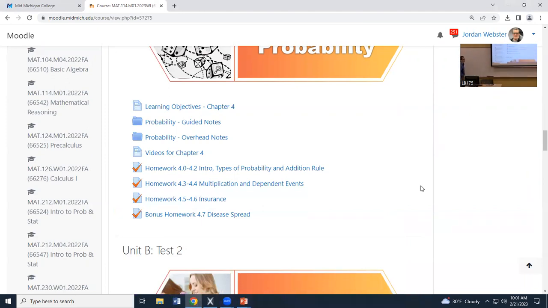I'm gonna start. I wanted to mention this week, there are a couple of homeworks due, specifically these first two in the probability section. Those are gonna be due this week, Friday at 5. We started the probability chapter last time, and we'll just keep going in that today.